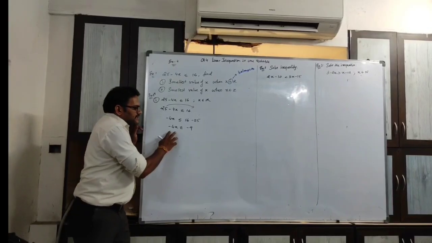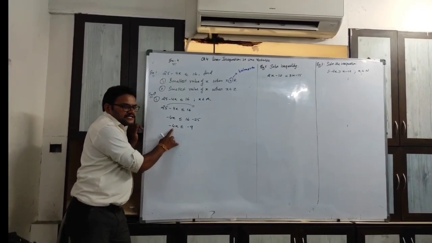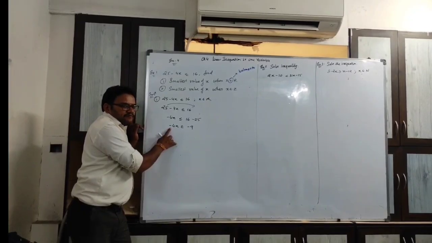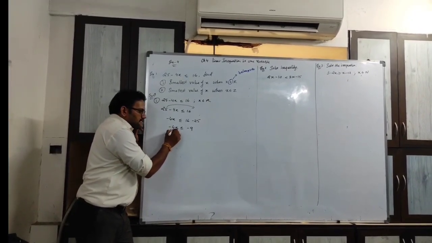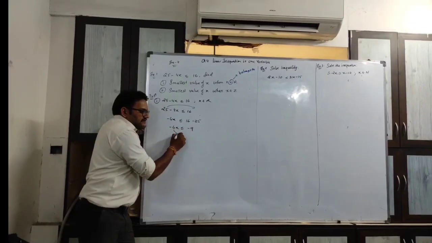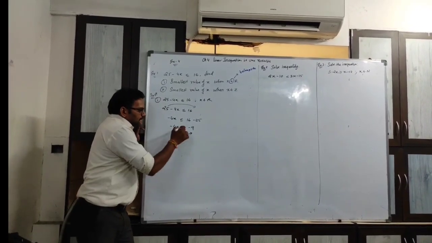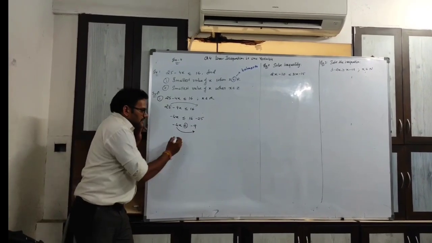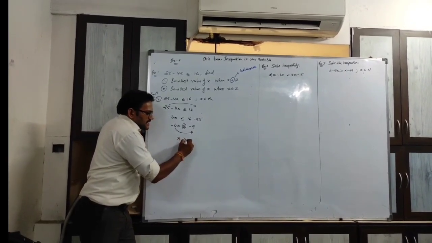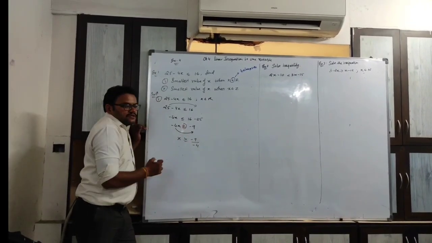Now remember one thing, this is a variable with that number in multiplication and with negative sign. Whenever a variable is having a negative sign, when we shift the negative sign value to the right or left side, at that time we will change the comparator symbol. So it will become x greater than equal to minus 9 upon minus 4.